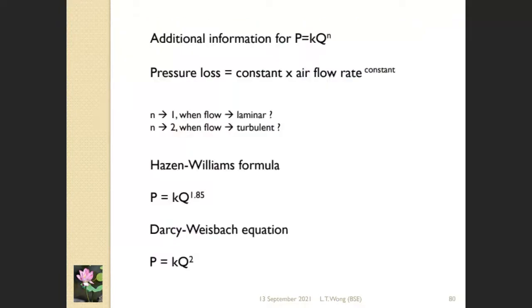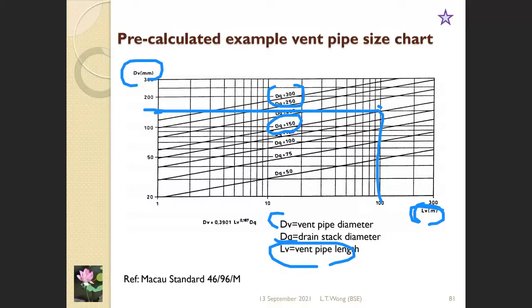They are compatible. I didn't check the basis of this graph, but I think it's actually the same fluid mechanics, so I just assume they are compatible. Then we do not necessarily need to go through complicated calculation, as there are some pre-calculated systems for us. This is from the Macau standard, not from the Institute of Plumbing Design Guide, not from the British standard.